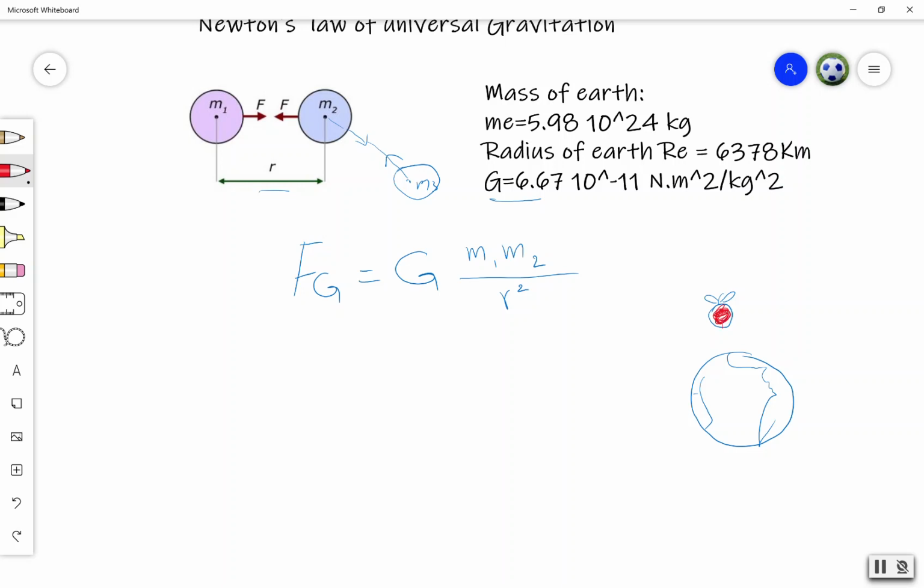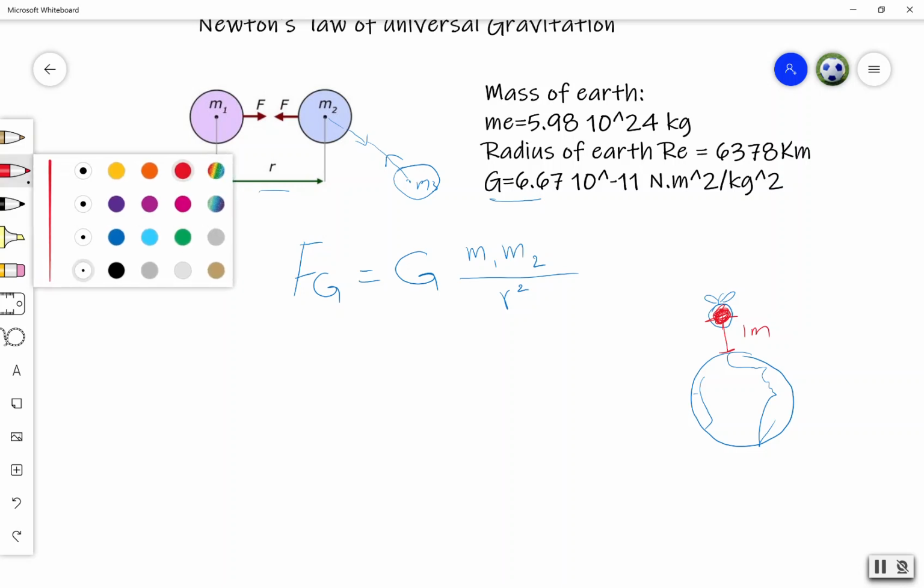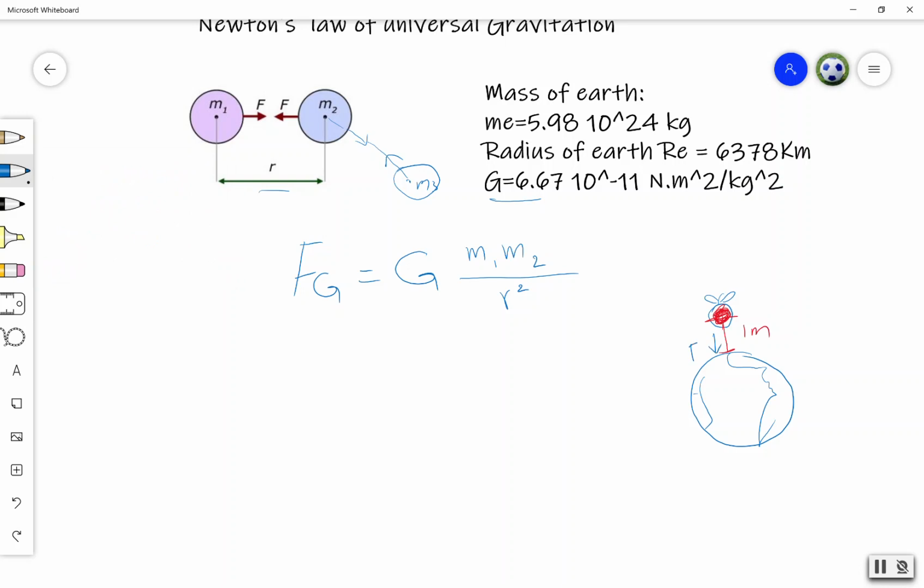So let's say from here to here is about 1 meter. Now, how much is this force? Of course, the Earth attracts the apple with this force F. This is the apple. This is Earth.